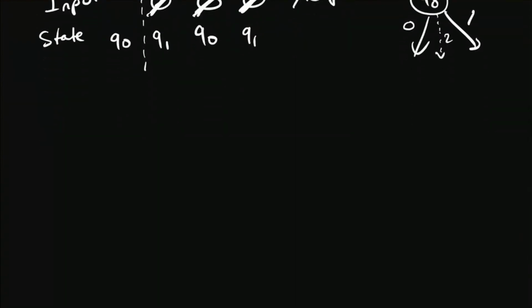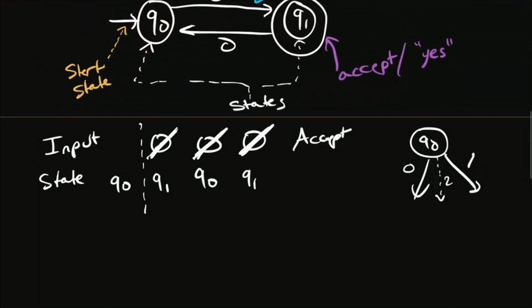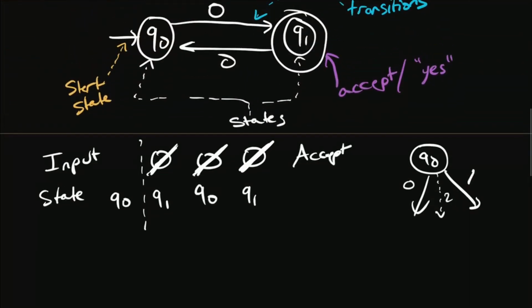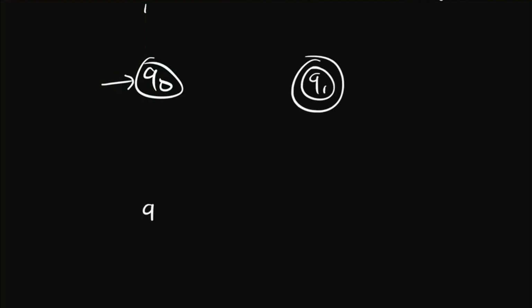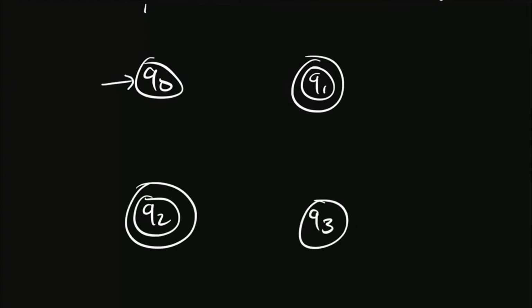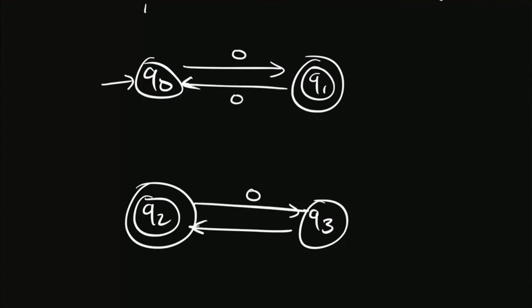Let's do a more complicated example. Or are there any questions about this example? Let's do a more complicated example with 4 states. And then 8 states, and then 16 states, and then you know what happens after that. So I'm going to have 4 states, zeros across on the top and on the bottom.